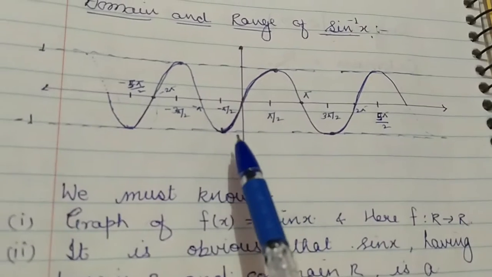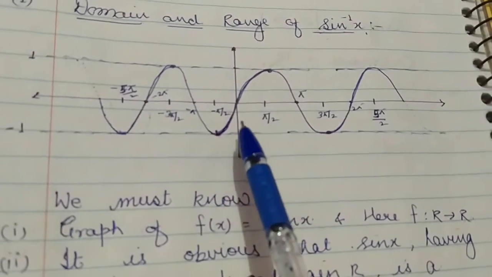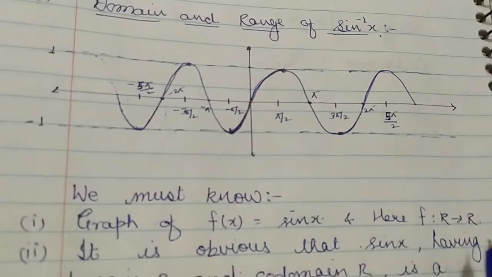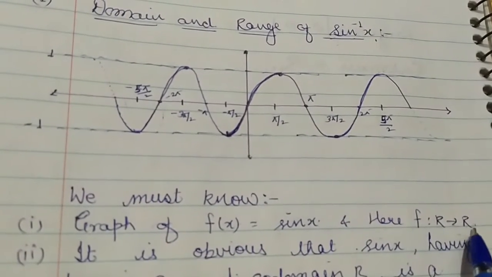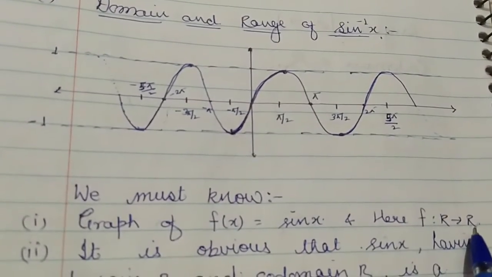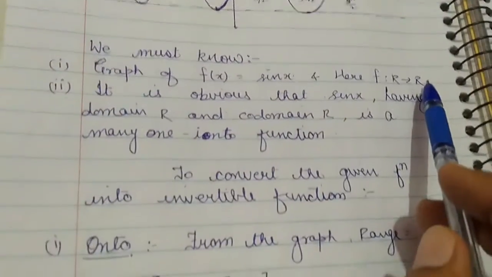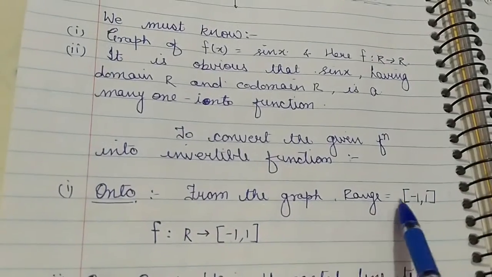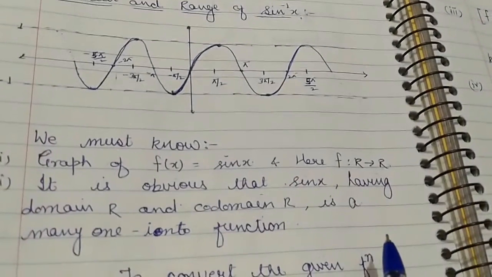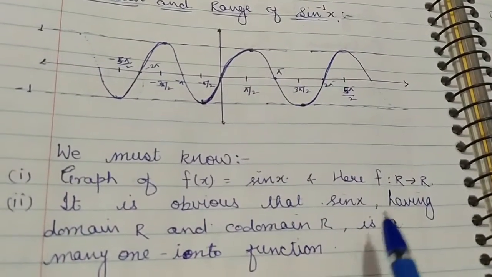To convert this function into an onto function, first we change the codomain of this function. We replace the set of real numbers by -1 to +1. Again, I am repeating the statement.